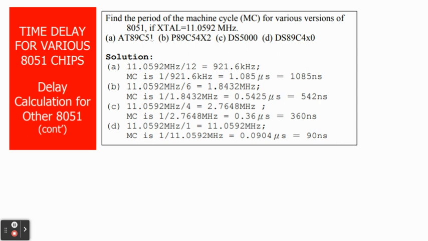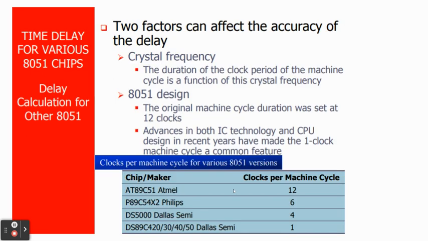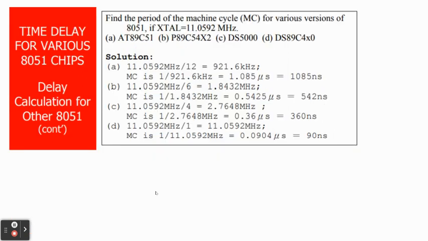We need to divide the given value by 12 because for the 89C51, as we have mentioned before, the clocks per machine cycle for that chip is 12. That's why we need to divide it by 12. And that's how to find the frequency that is being asked in the problem.